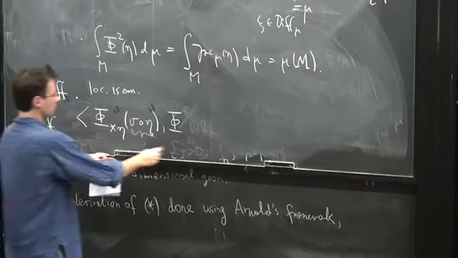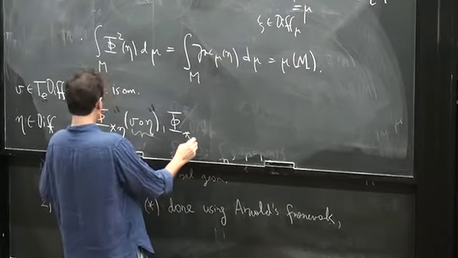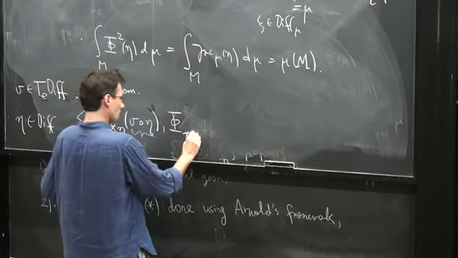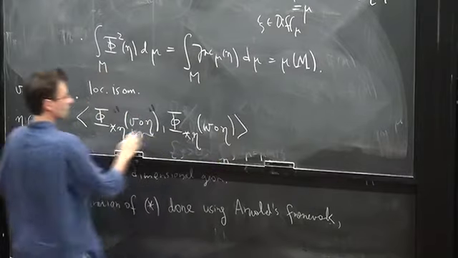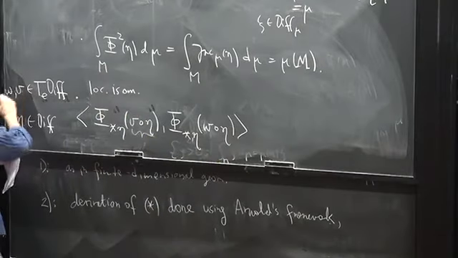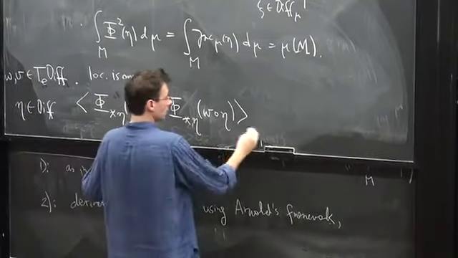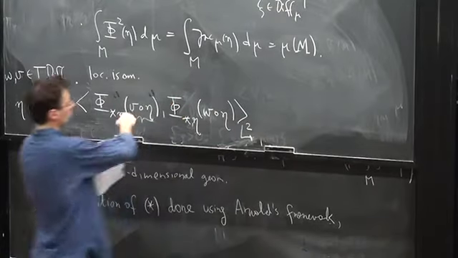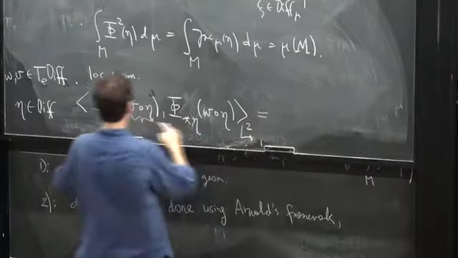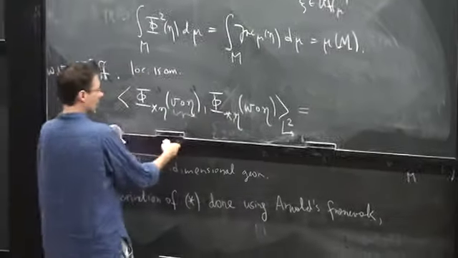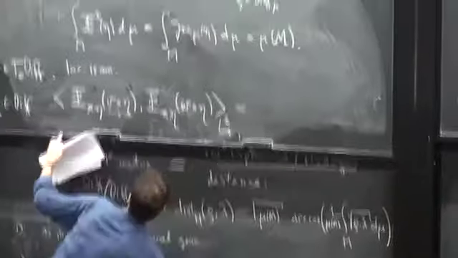So if I evaluate this, and I take another such, W, and now I look at the L2 product of these two. I have to compute what these are.